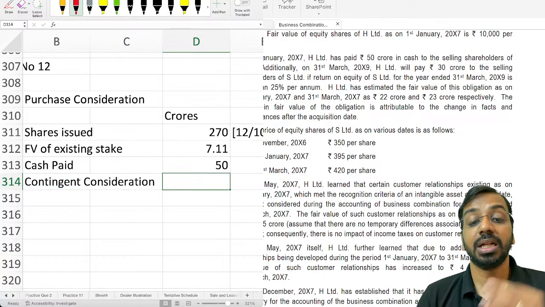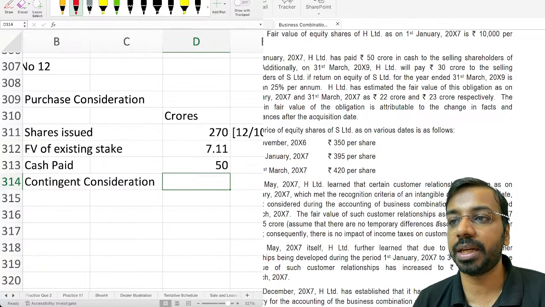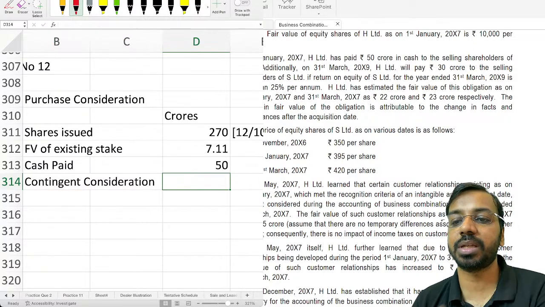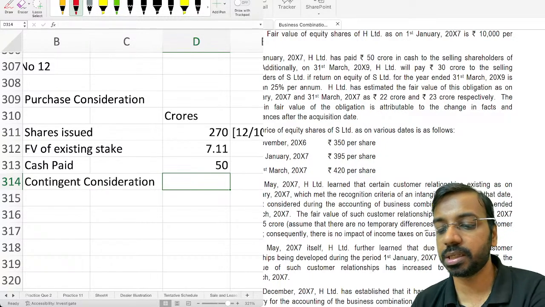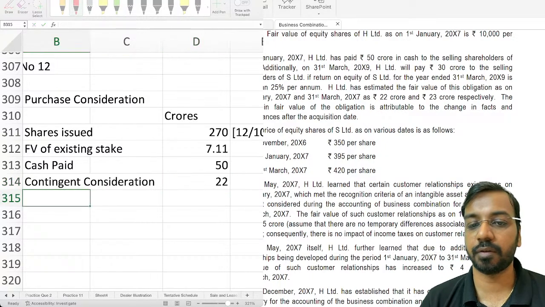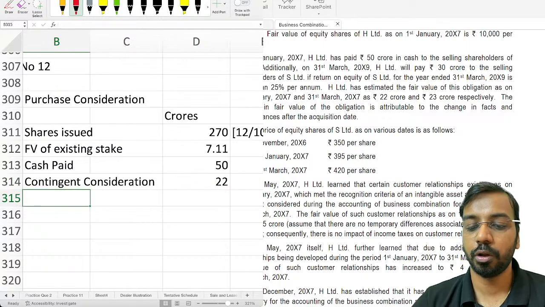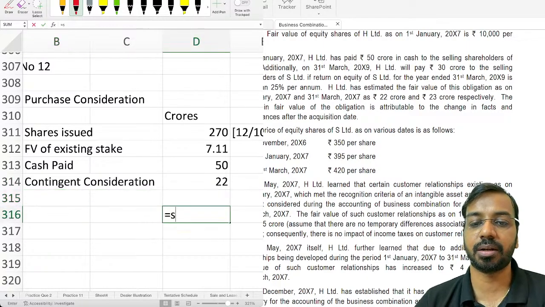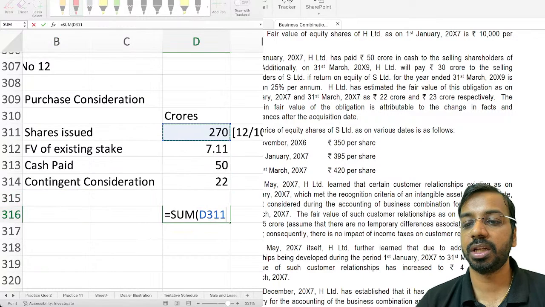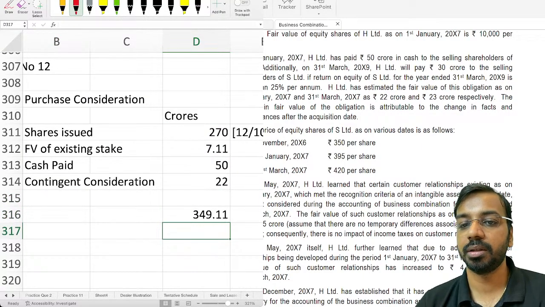Please remember, the fair value on the date of obtaining control should be considered and not the subsequent fair value. So 22 crores is the fair value on the date of acquisition. So my purchase consideration is how much? 349.11.